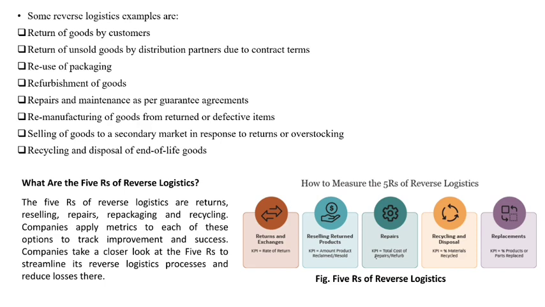Please do note some examples of reverse logistics: return of goods by customers, return of unsold goods, reuse of packaging, refurbishment of goods, repairs and maintenance, remanufacturing of goods from returned or defective items, selling of goods to a secondary market in response to returns or overstocking, recycling and disposal of end-of-life goods.